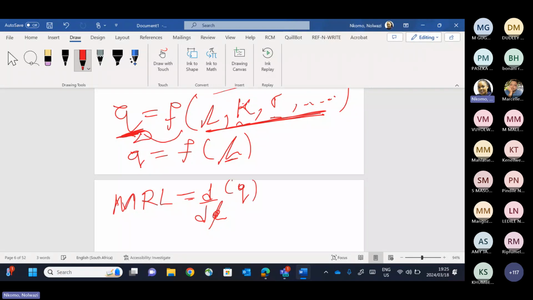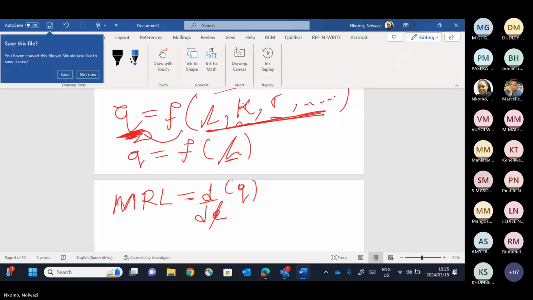You will find the marginal production of labor by differentiating the production function.